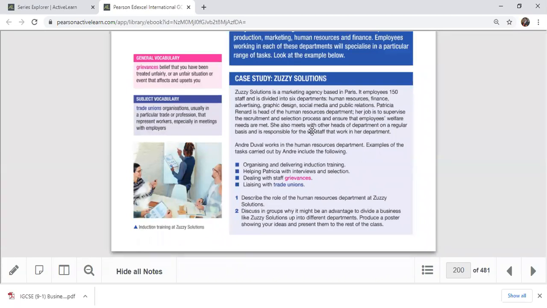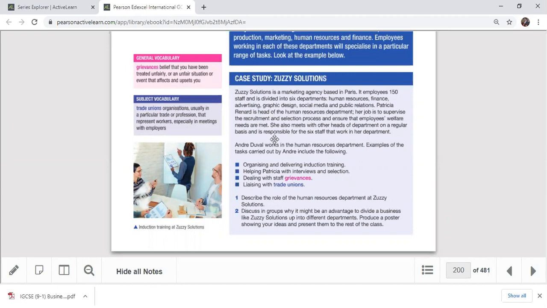It says 150 staff divided into 6 departments, right? As I told you, apart from the 4 traditional departments, there can be more. So what are the departments? HR, finance, advertising, graphic designing is another important department, social media, and also public relations, the PR department.